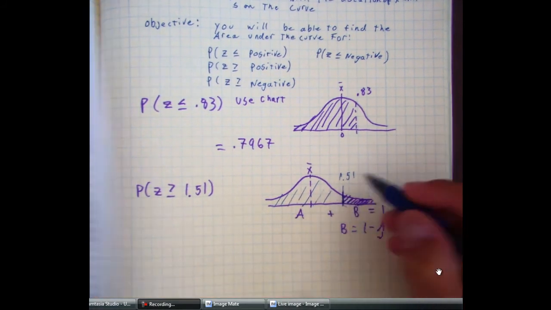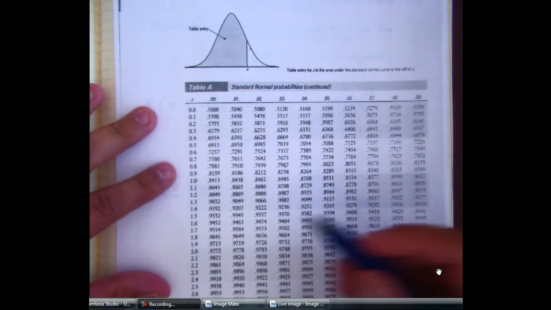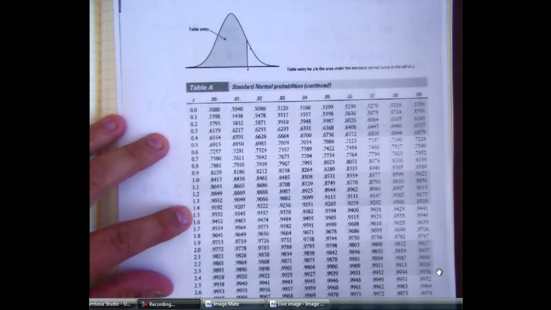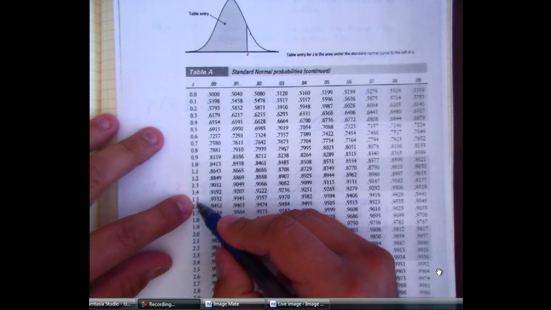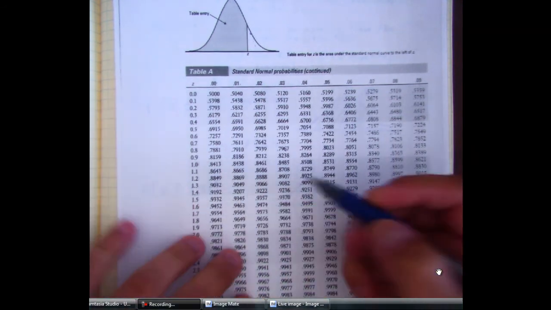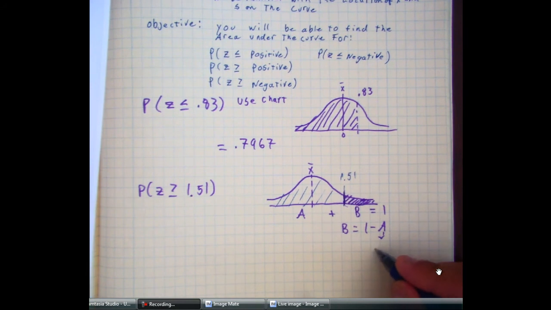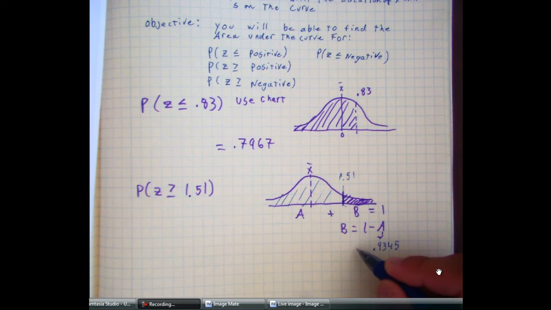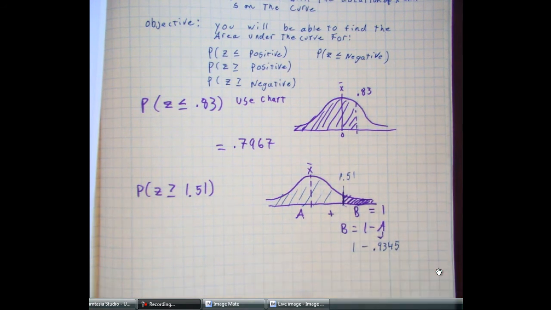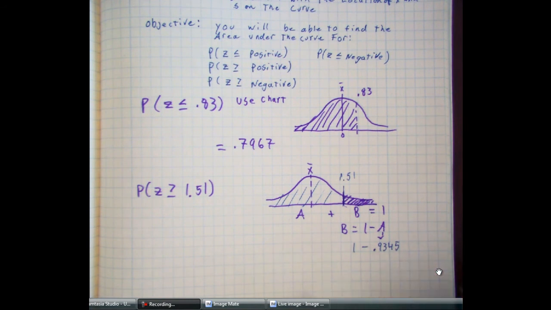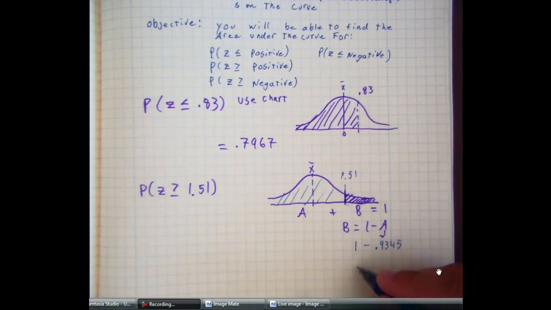And fortunately, the area less than 1.51 is in the table. So 1.5 and then 1 is 0.9345. That's section A. And we're going to subtract that from 1. And when we do subtract that from 1, we get 0.0655.